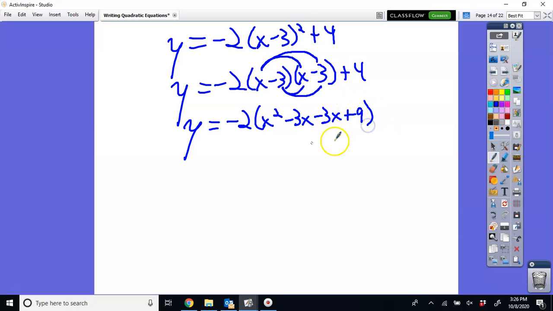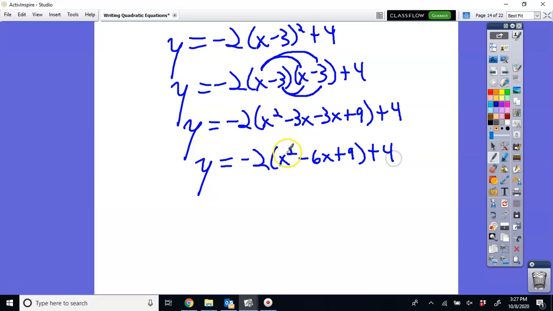That's a positive 9. Notice what it gives me is this negative 2 out in front still, times x squared minus 6x plus 9. Notice that the x squared came from the x and the x, the first ones. The 9 came from the negative 3 times the negative 3, the last ones.